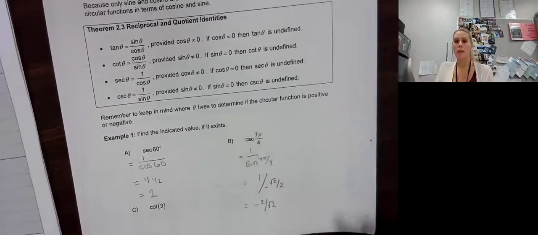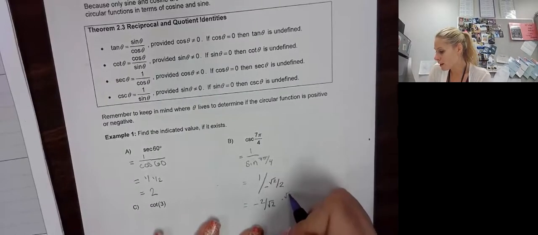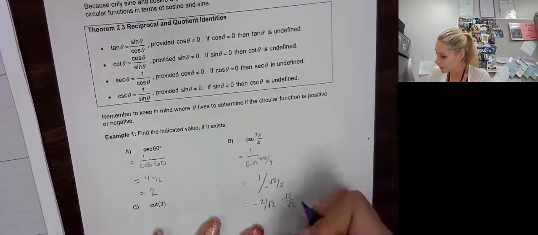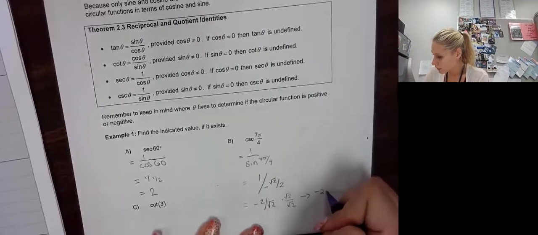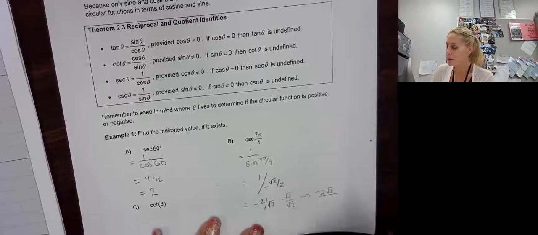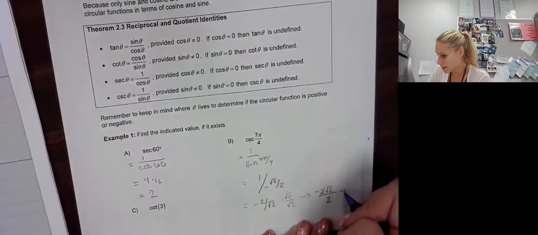But most mathematicians and most math classes want you to rationalize the denominator, which means we're multiplying the numerator and denominator, in this case, by square root of 2. This then leads us to negative 2 square root of 2, all over, well, the square root of 2 times the square root of 2 is 2. And what do you know? We can reduce that. So our answer is negative square root 2.